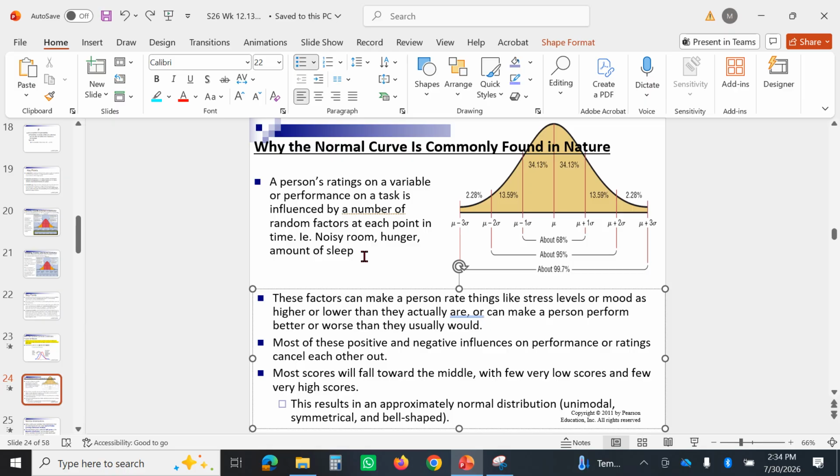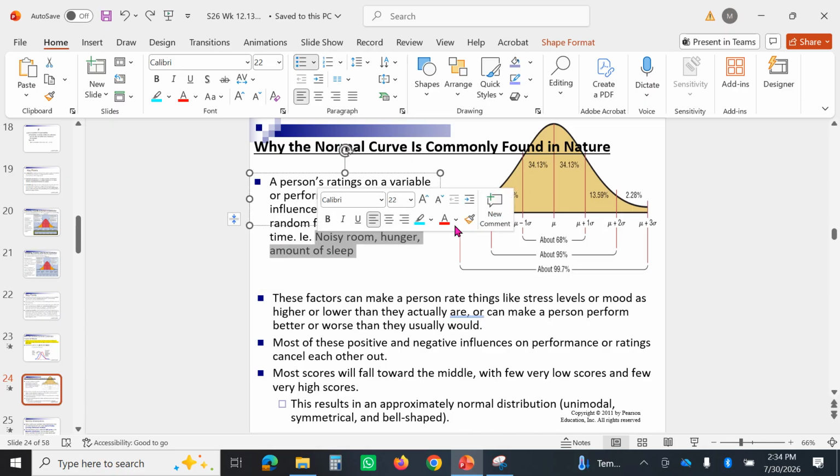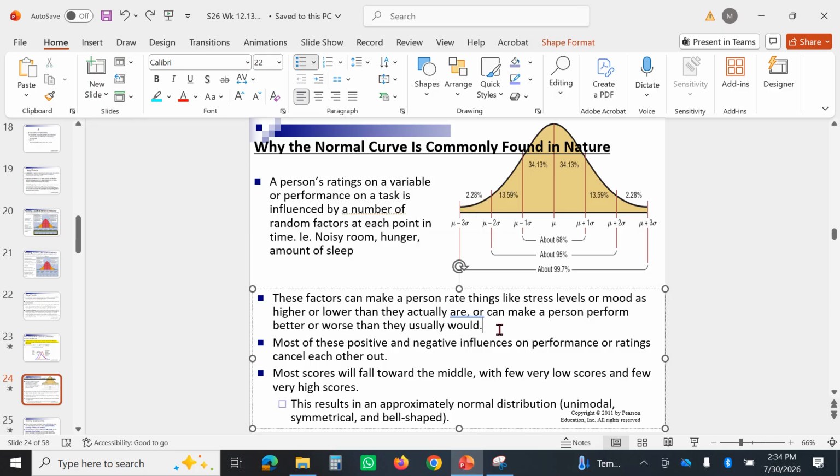They will most definitely affect a person's scores about how they feel about a particular attribute. Most of these positive and negative influences on performance or ratings cancel each other out, in fact.